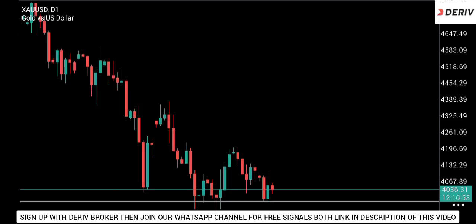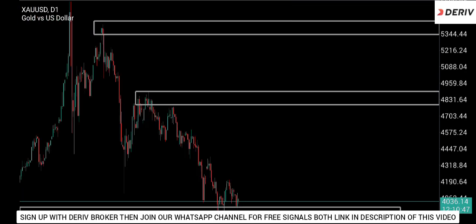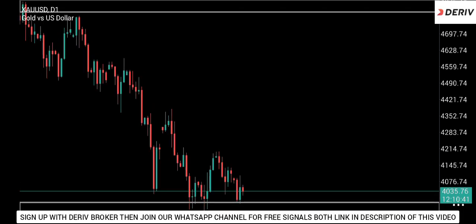Right now on the 4-hour time frame, you can see how gold has been trading, still testing the major support area. We're still testing this area.